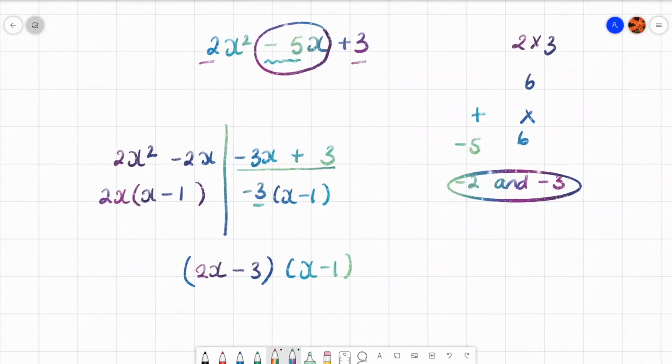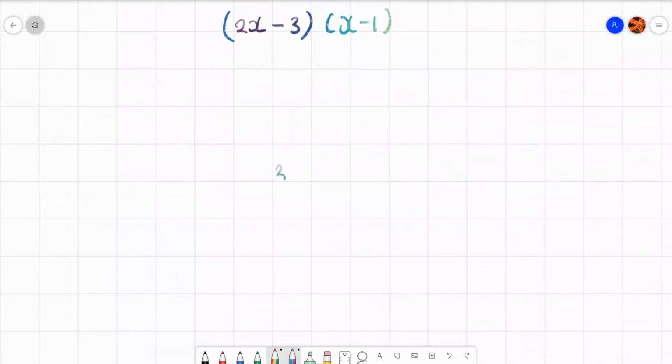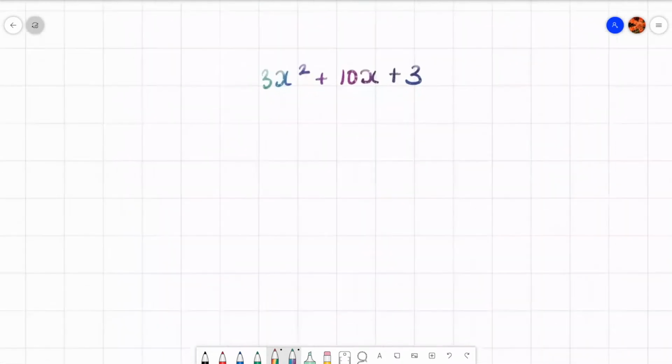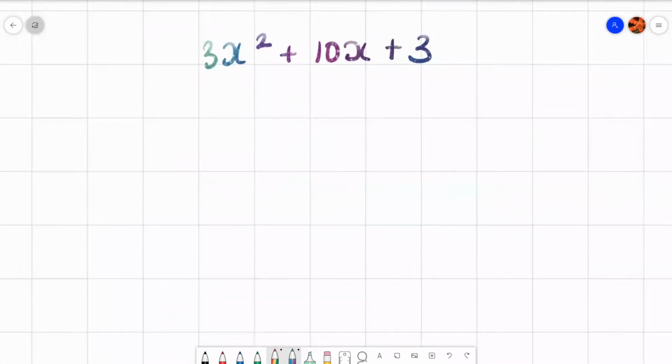Let's have a look at one more example. This time I'm going to do 3x squared plus 10x plus 3. Okay, multiply your coefficient by the last number. So 3 times 3 is 9. I want two numbers that multiply together to make 9, add to make the middle number, which is 10.